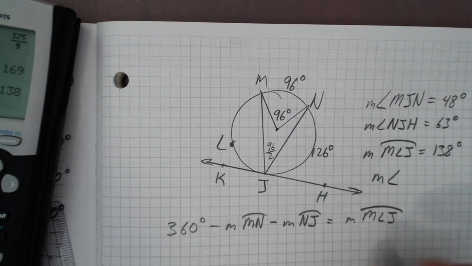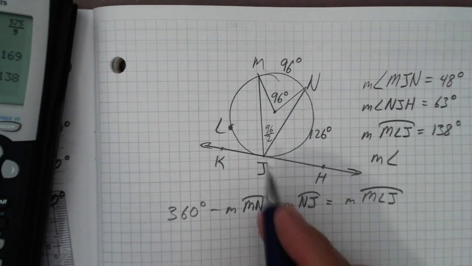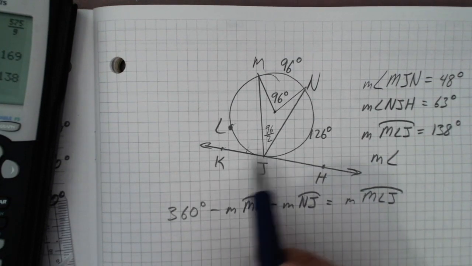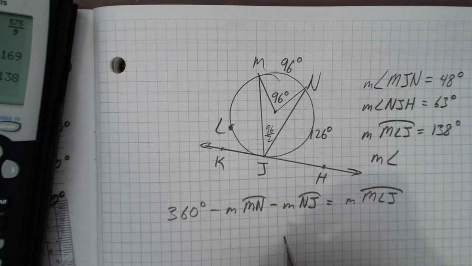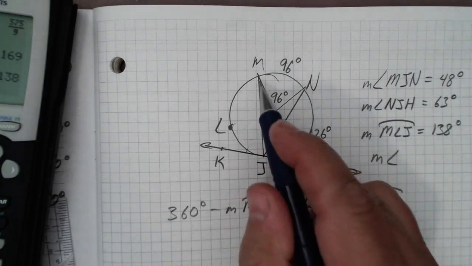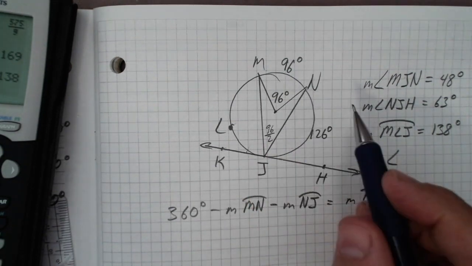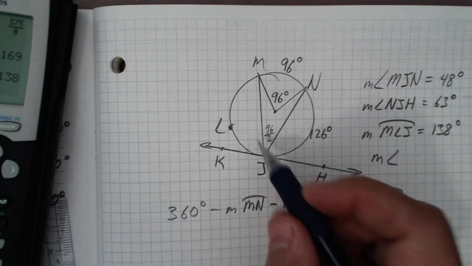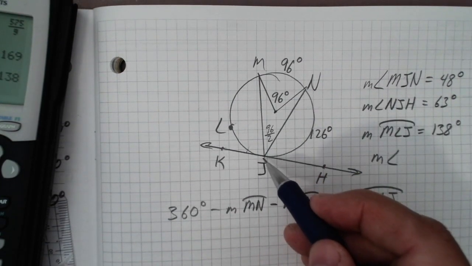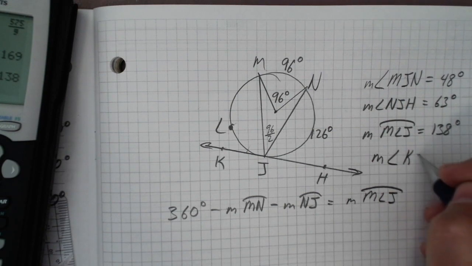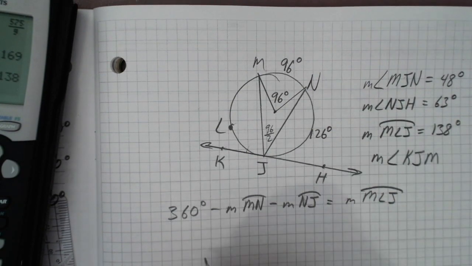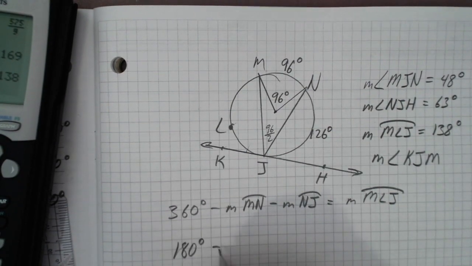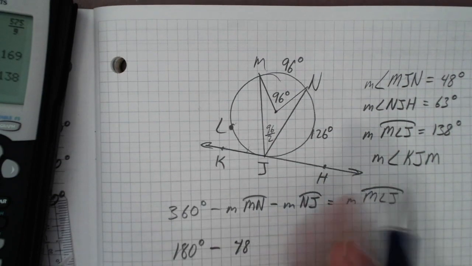The other way we could do this is to say, hey, we know that this whole KJH is 180 degrees. And we know that MJN is 48, and we know that NJH is 63. So we can figure out what KJM is.